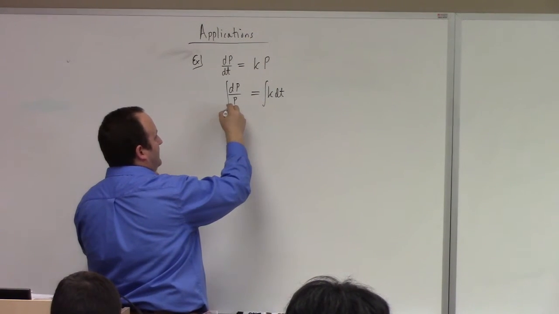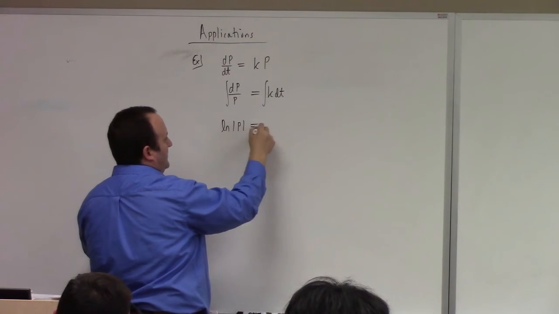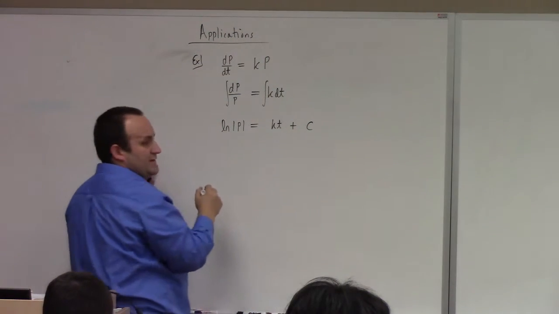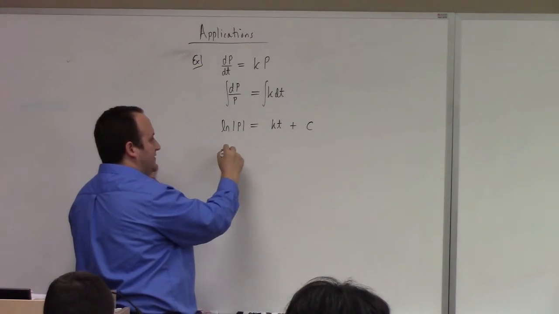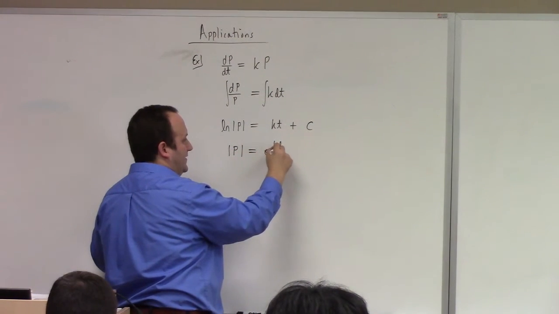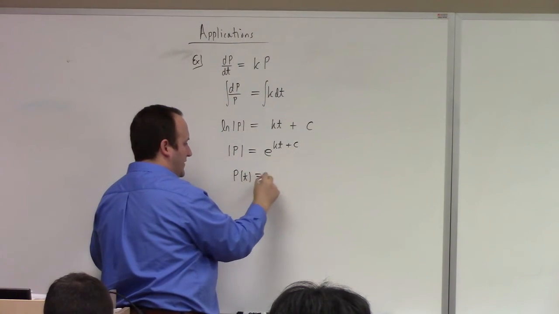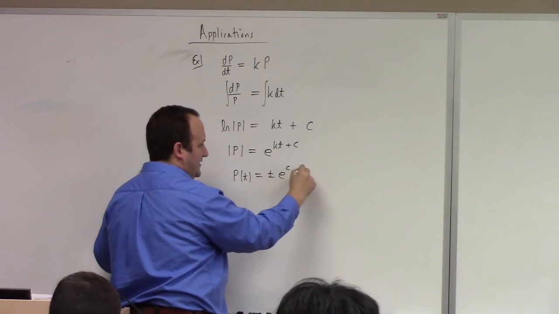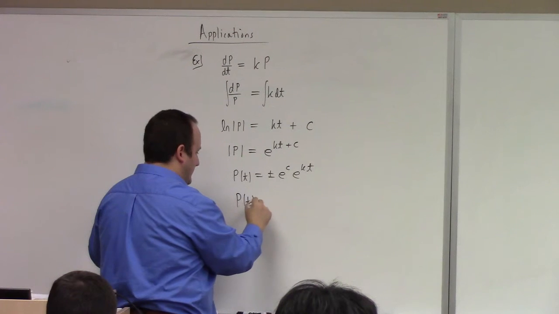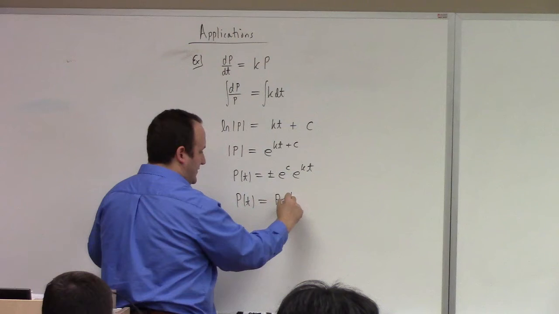Natural log of the absolute value of p. Did I do this the other day? I don't think I did. Then through the same song and dance as usual, the absolute value of p is equal to e to the kt plus c, but that gives me p of t is plus or minus e to the c, e to the kt. So let's just say p of t is equal to, let me call this constant p naught, e to the kt.